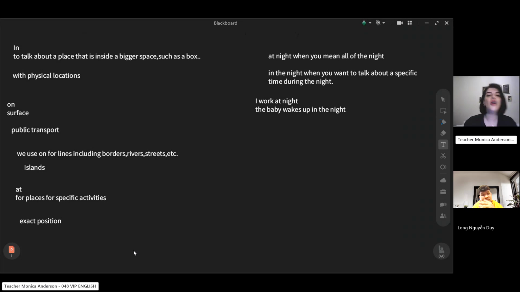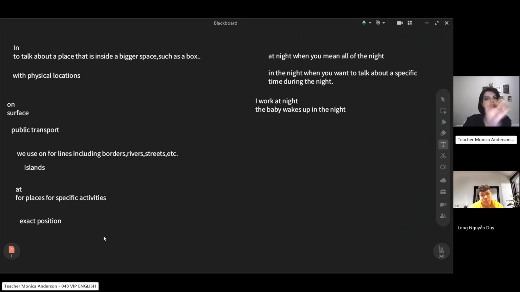In. So in is used with parts of the day and longer periods of time, such as months, seasons, years, as I told you. For example, I usually relax in the evening. So this is a longer period, or parts of a day. So we say in summer, in December. For months and years, we use in, and for parts of the day, like in the morning, in the afternoon, in the evening.